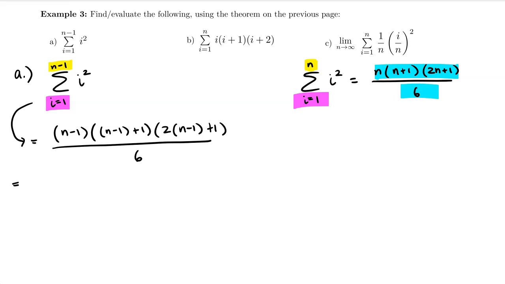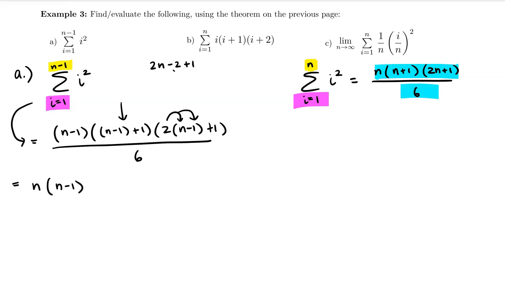Notice that in this second set of parentheses, I have minus 1 plus 1, so it's going to simplify to just n. And then I'm going to copy the n minus 1. And then if I distribute this 2 in, that's going to give me 2n minus 2 plus 1.